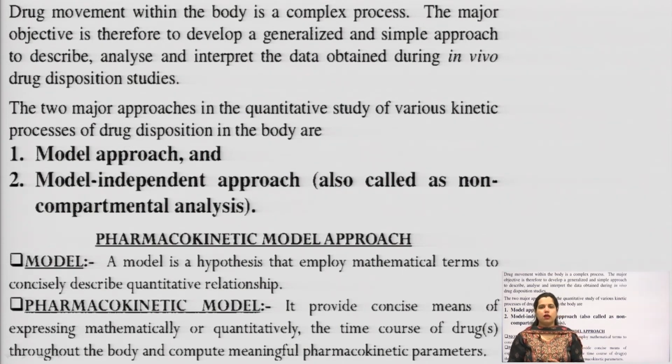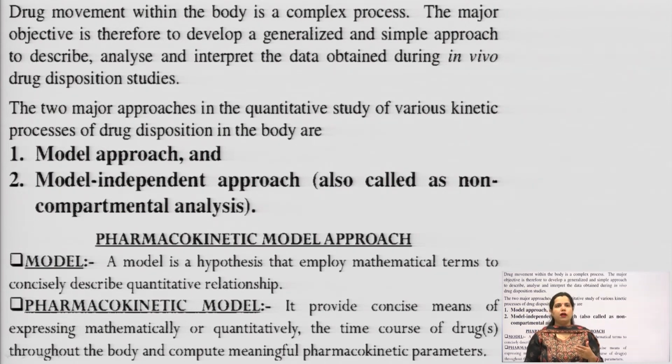We have discussed that the drug is moving throughout the body, entering the body, distributing in a particular pattern and then eliminating. So, for identifying these pharmacokinetic parameters, we generally set up certain models. These models are divided into two types: model dependent and model independent.